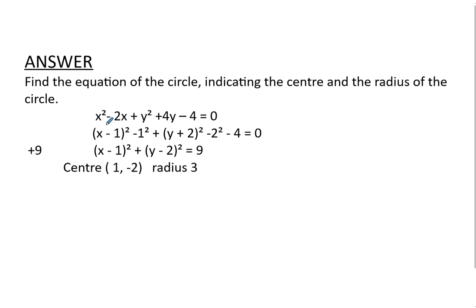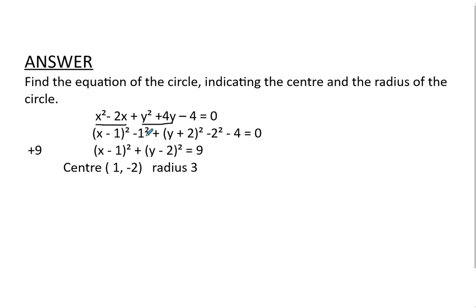So you're collecting all your like terms together. You've got x squared minus 2x plus y squared plus 4y minus 4 equals 0. So you complete the square: x minus half of that all squared minus half of that squared, and the same for y, so plus y plus half of that all squared minus half of that squared, minus 4.